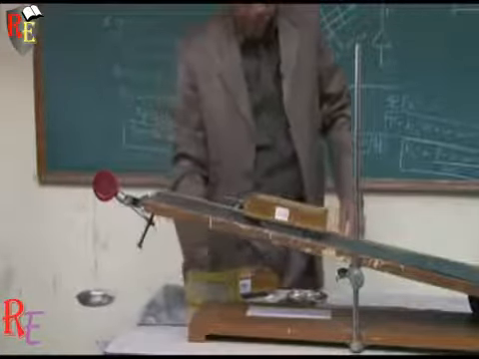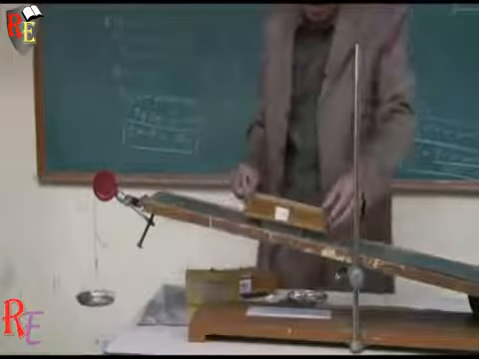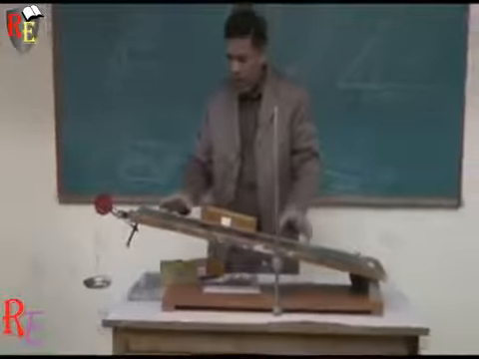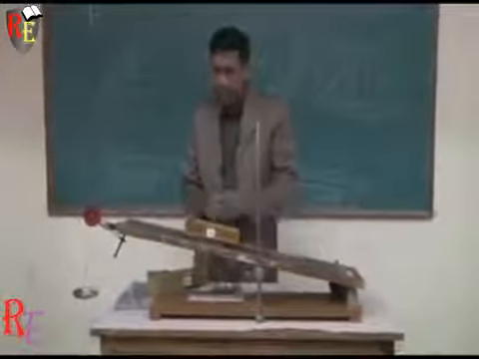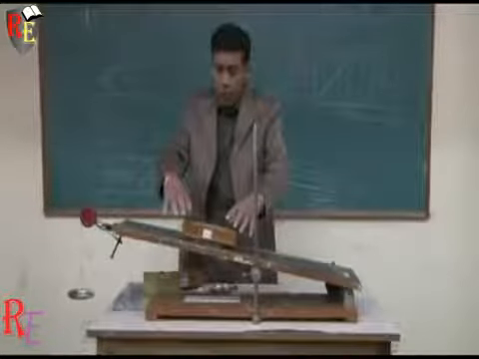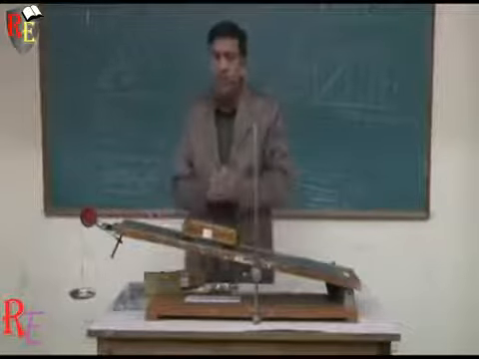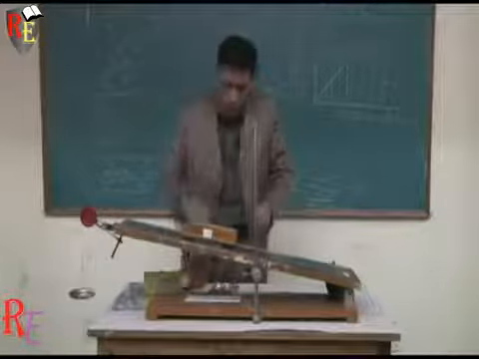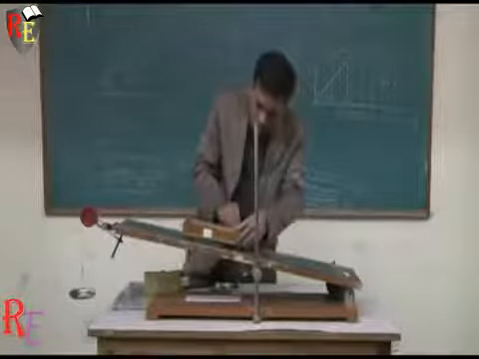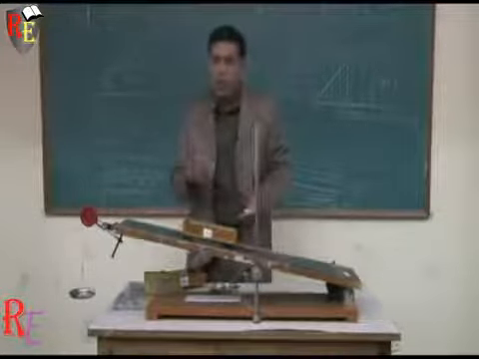Now, I would set this incline to a particular angle. I would place this block on the incline. Then I would mark a certain reference point on this incline so as to visualize the movement of the block.